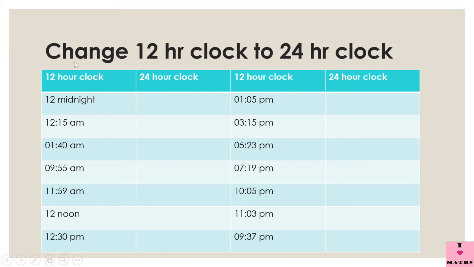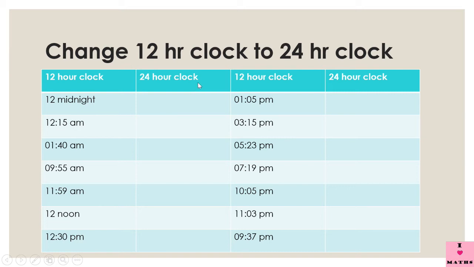In this slide, we are going to learn how to change 12-hour clock to 24-hour clock time. See children, you can see that in 12-hour clock time, we use AM and PM. In 24-hour clock time, we do not use AM and PM.